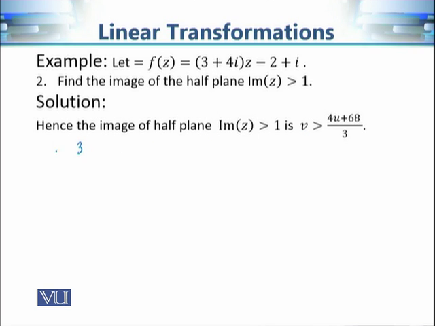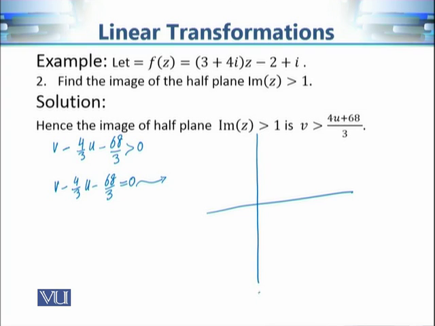So v minus 4 over 3u minus 68 by 3 strictly greater than 0. Now, if we just construct this function, v minus 4 by 3u minus 68 by 3 equal to 0, then this is basically a line in the uv plane, in the w plane.